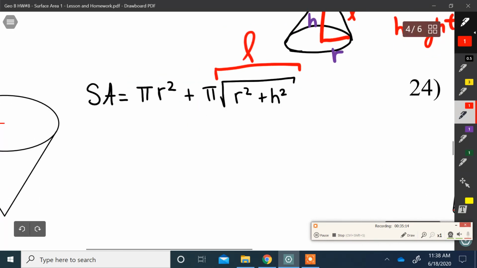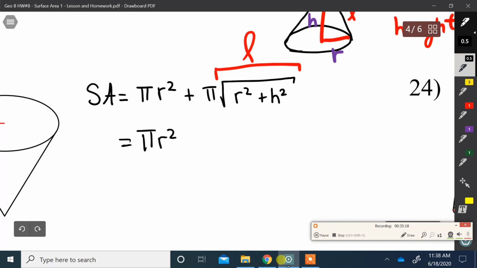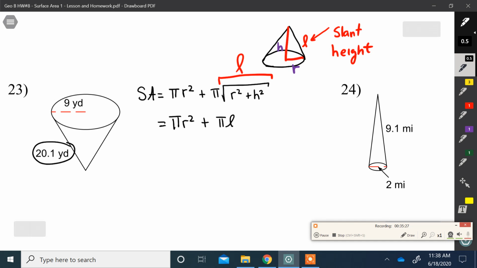So another way to write this formula is like this. Pi r squared. If you write it with that L, it will be pi times L. Okay? So in this case, I do need that L because that's what L is. That is the slant height. So actually this problem became a little bit easier. So you can use either formula. It's just that in this one, we don't know what the height is.